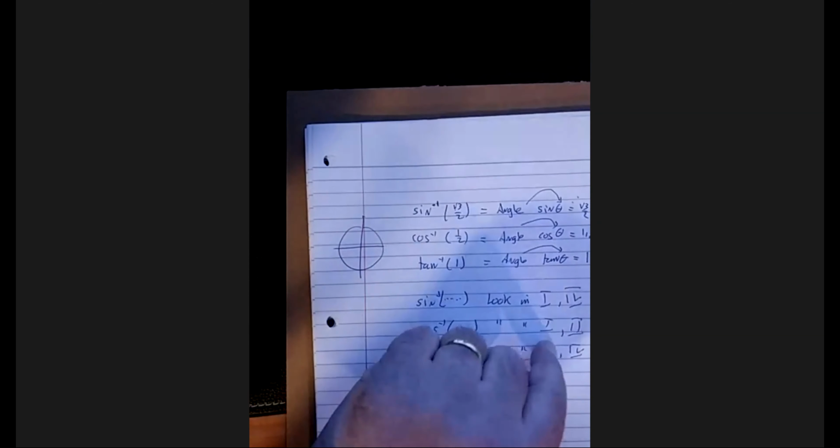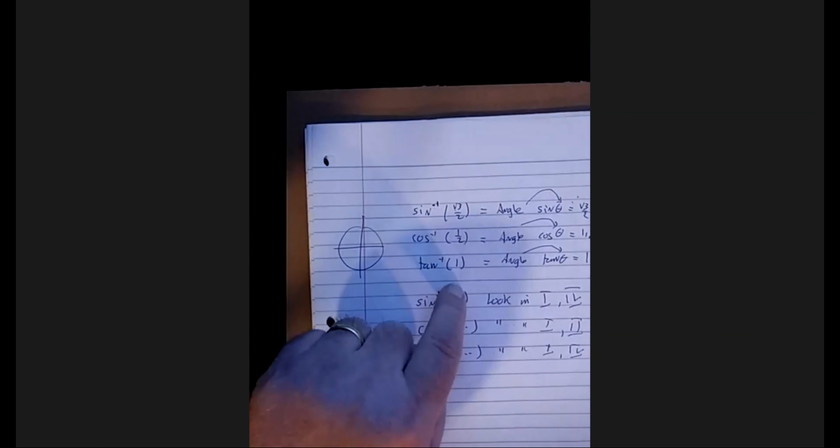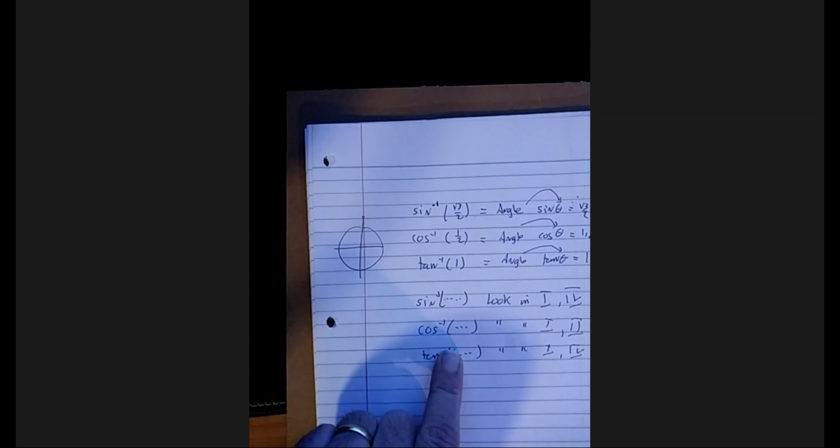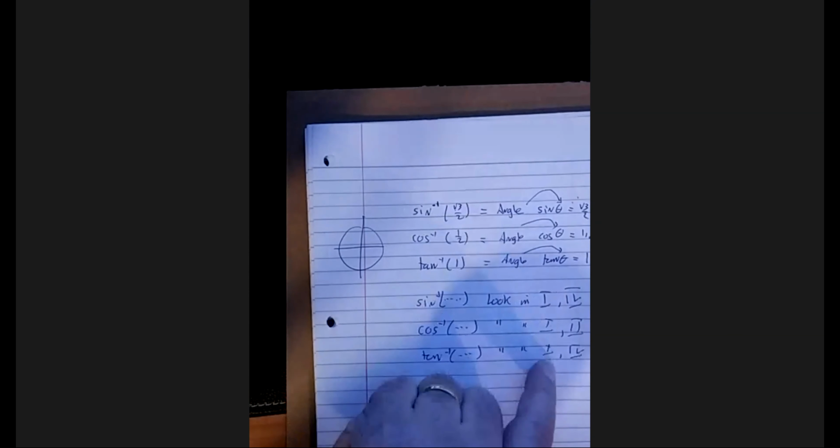And the reason you only look in two of those quadrants is the first quadrant will tell you the answer when these things in here are positive. So if it's inverse sine of a positive fraction, or the inverse cosine, or the inverse tangent of a positive thing, the angle's going to be in the first quadrant, so you look there. And that's the rule of the game.